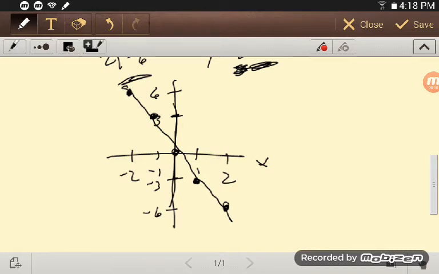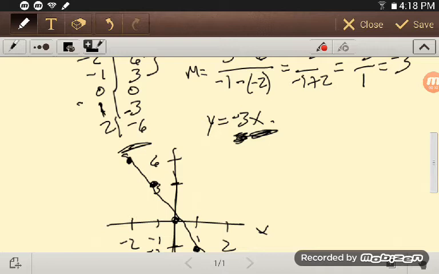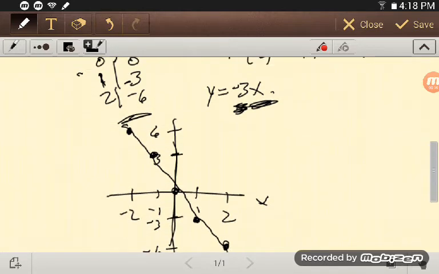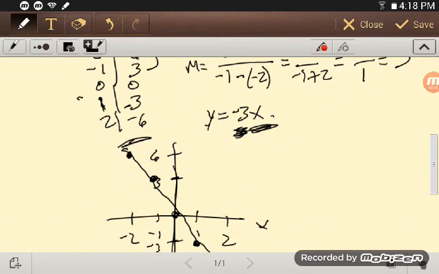Now, in particular, the way I know I've got this relationship is 0, 0 always makes that work. No matter what, if I had y equals 322x, 0 equals 0, if I put 0 in for x and y.